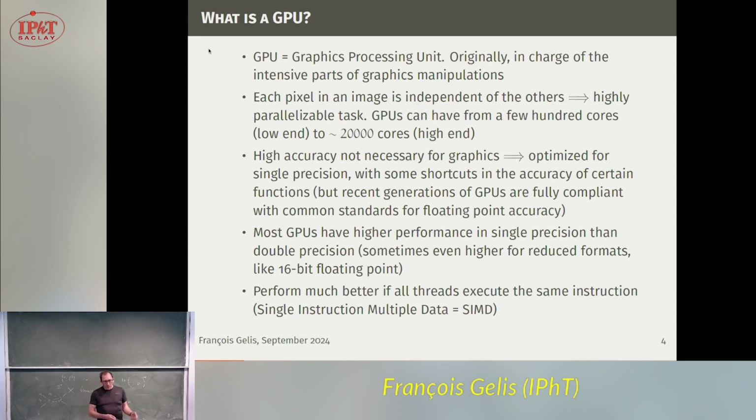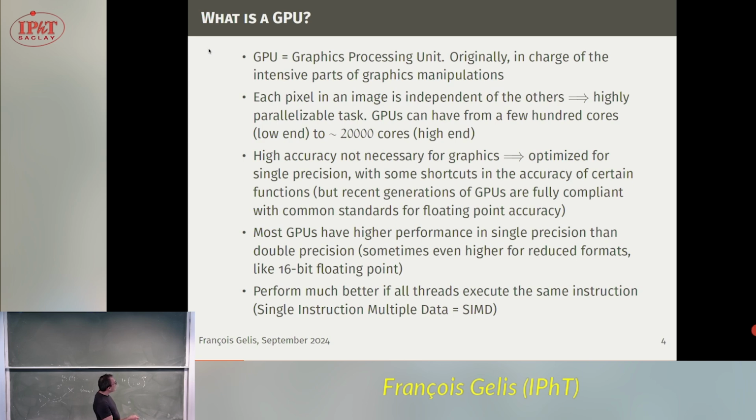So in fact, historically, the GPUs were optimized for single precision computations and much slower at double precision computations. I will show you the main features of a few types of GPUs that exist nowadays, and you will see that there is still a difference in performance, but now the gap is closing to some extent.